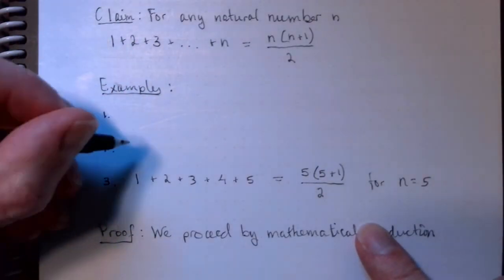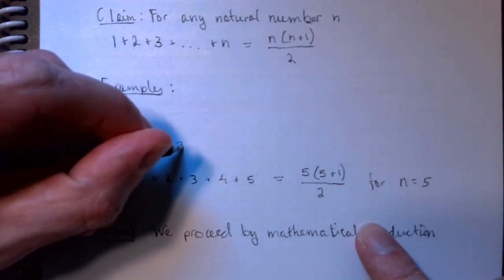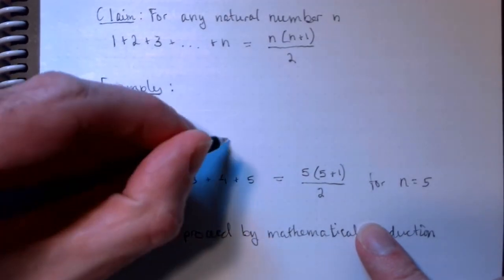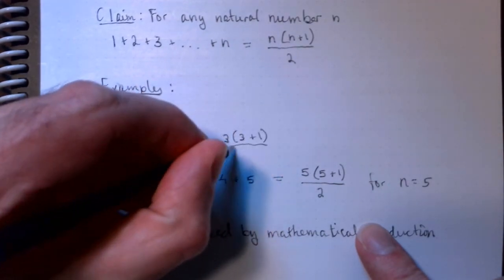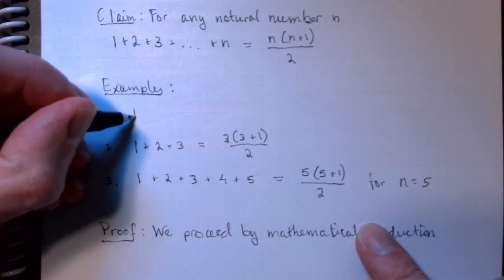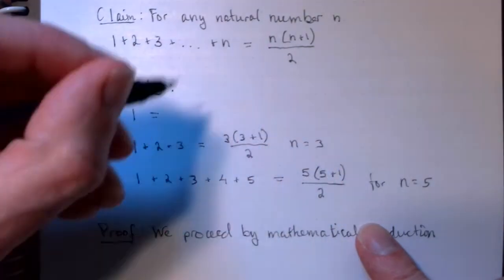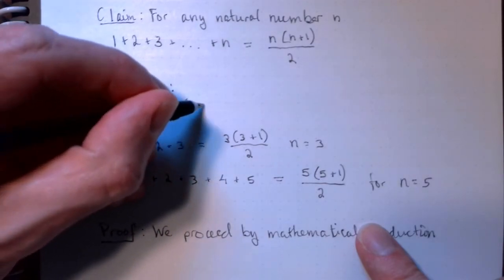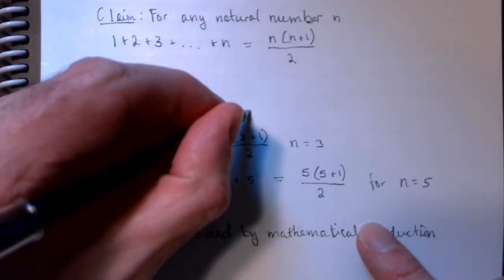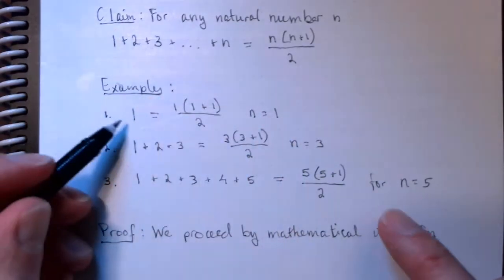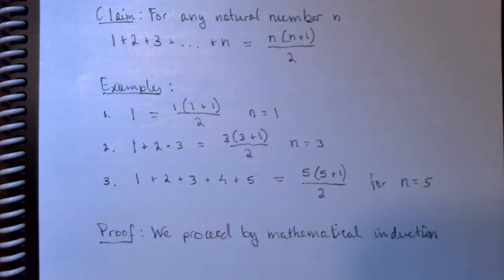A couple of other examples would be something like this. For n equals 3, the claim is saying that sum should be equal to this. And for n equals 1, the claim is saying the sum on the left, which is just one single term, should be equal to that.